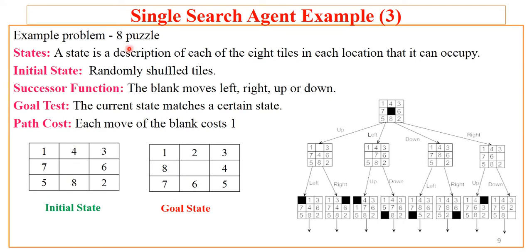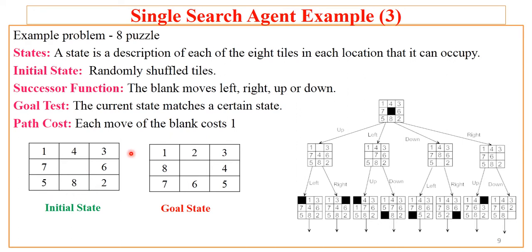Next is the 8-puzzle. Here you will be given a board configuration with 8 tiles. If you see this particular diagram, this is not exactly a table, this is a board with 8 different tiles.